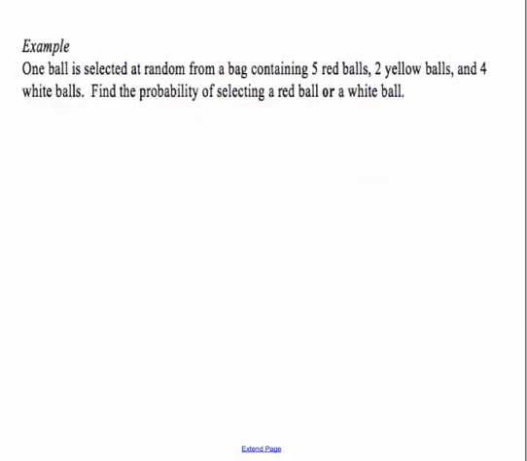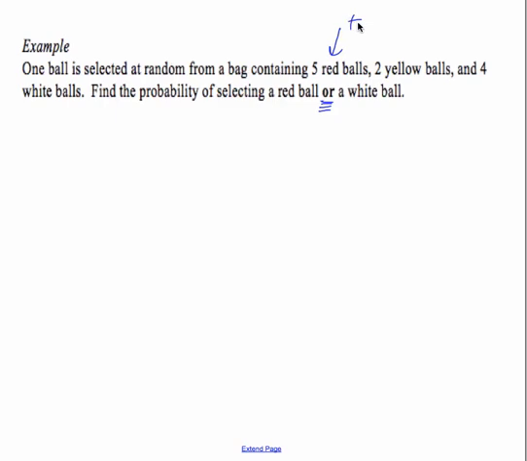Okay, in the next example, 1 ball is selected at random from a bag containing 5 red balls, 2 yellow balls, 4 white balls. Find the probability of selecting a red or white ball. So when we see "or", we're going to add probabilities together. But these are mutually exclusive, because you can't get a ball that's red and white.